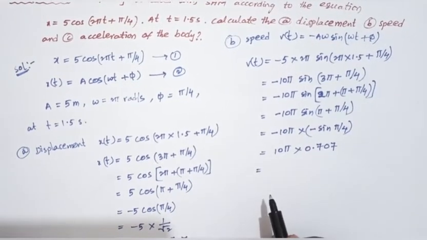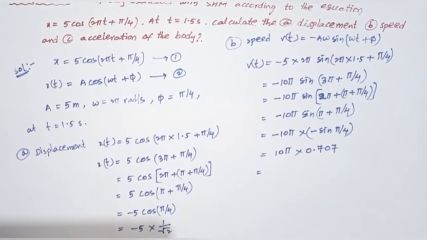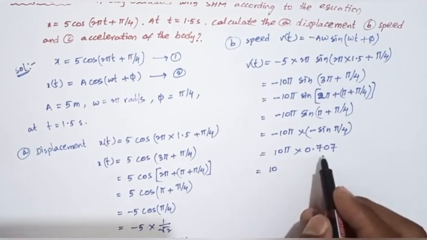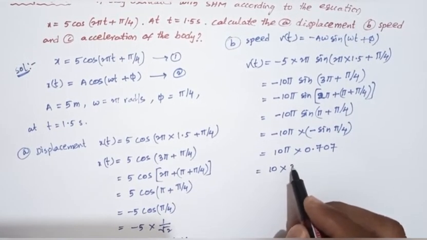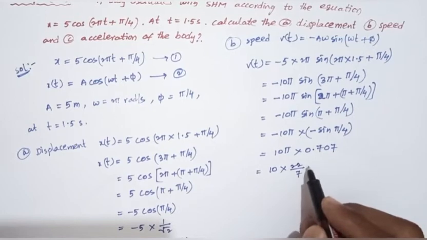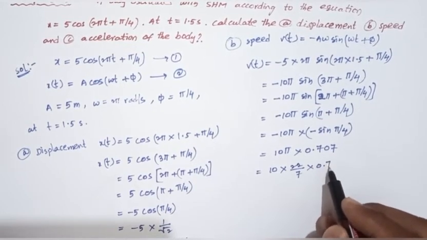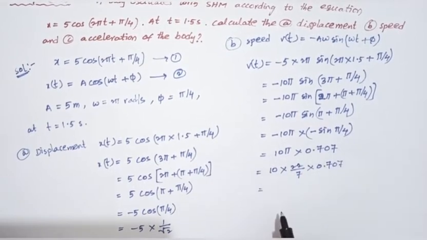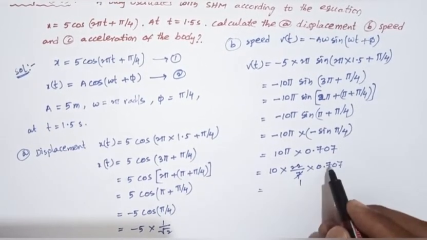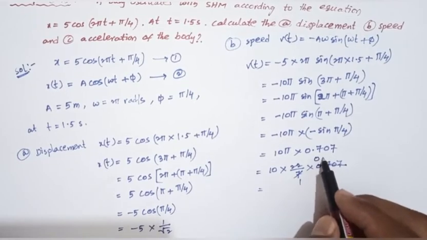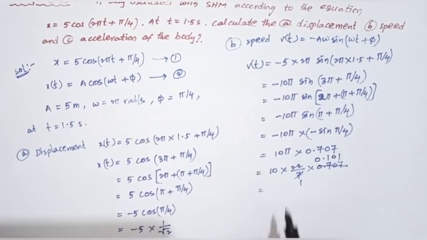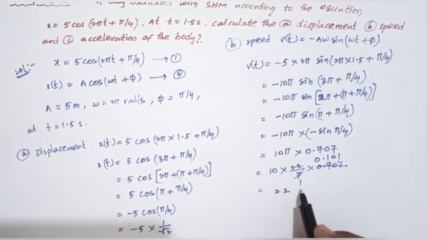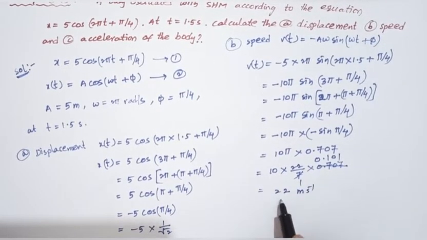What is the value? It is 10 into 22 by 7 into 0.707, which is approximately 22 meters per second.